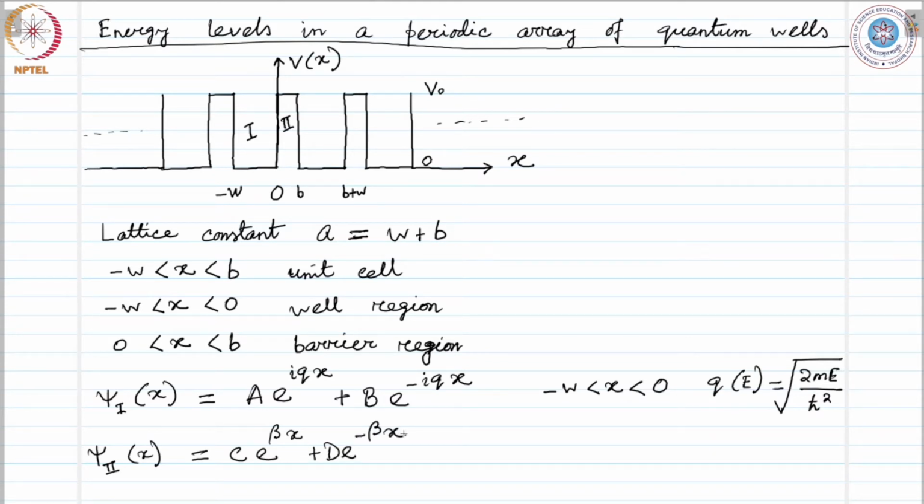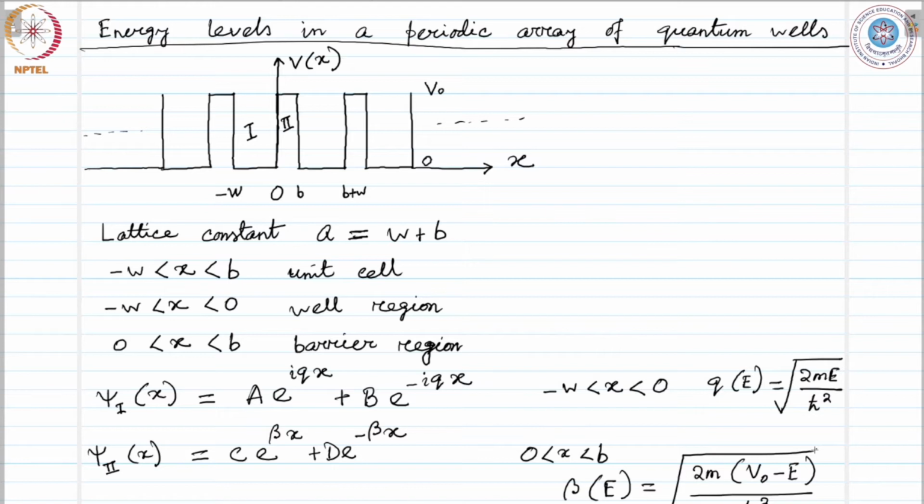This is in the region 0 less than x less than b, and here this beta, which is a function of energy, may be expressed as the square root of twice m times V0 minus E over h cross squared. We have learned this in the quantum mechanics course. We have just written the general solution here, and let's see what it means.